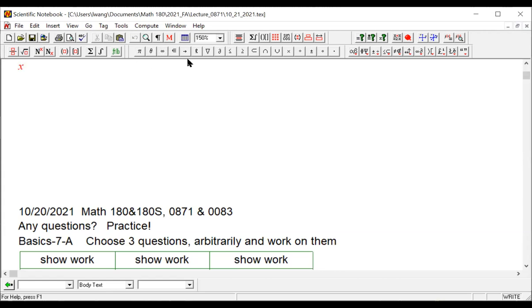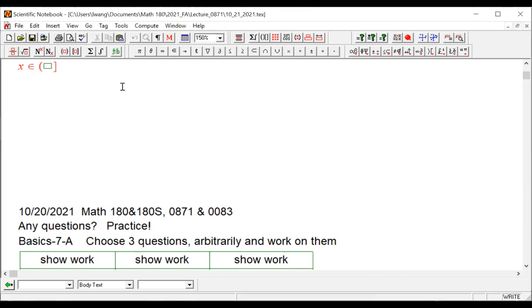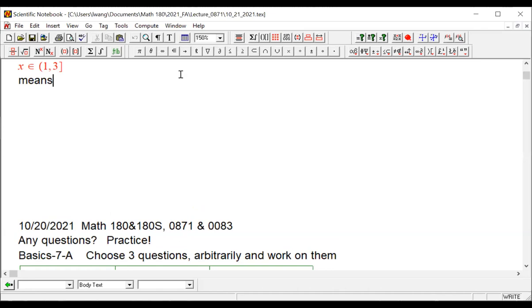If x belongs to an interval like that, I'm just taking an example, (1, 3]. What it means is that x cannot be 1.